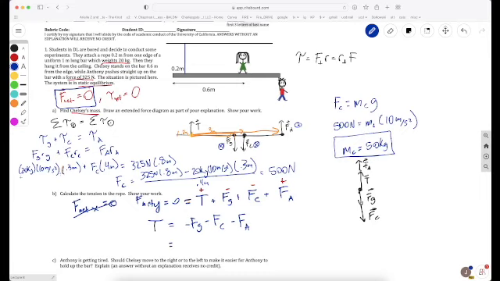Fg, like we said before, is just this 20 kilograms times 10 meters per second squared, so we can move that here, 20 kg times 10 meters per second squared. And we have a double negative here because we said Fg is negative and we have minus Fg, so that's going to be a positive term. Same thing for Fc, double negative, Fc is pointing down and we have minus that, so we get plus Fc.